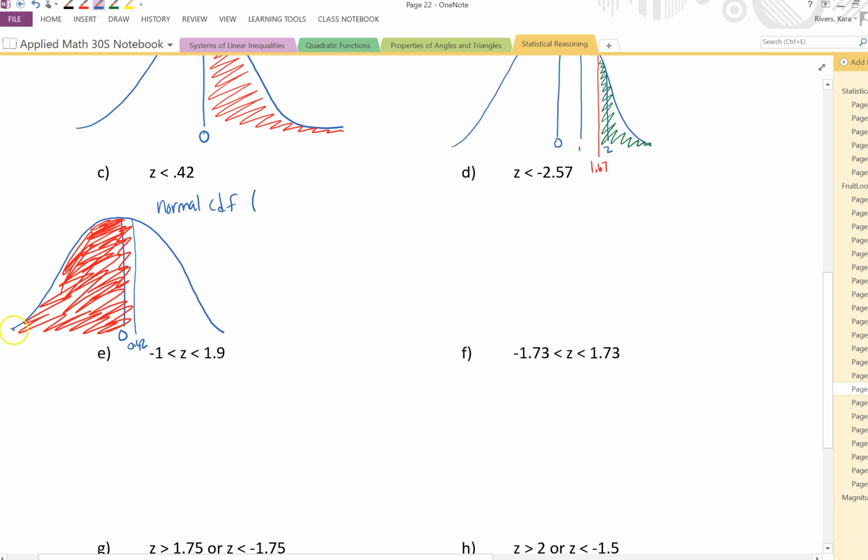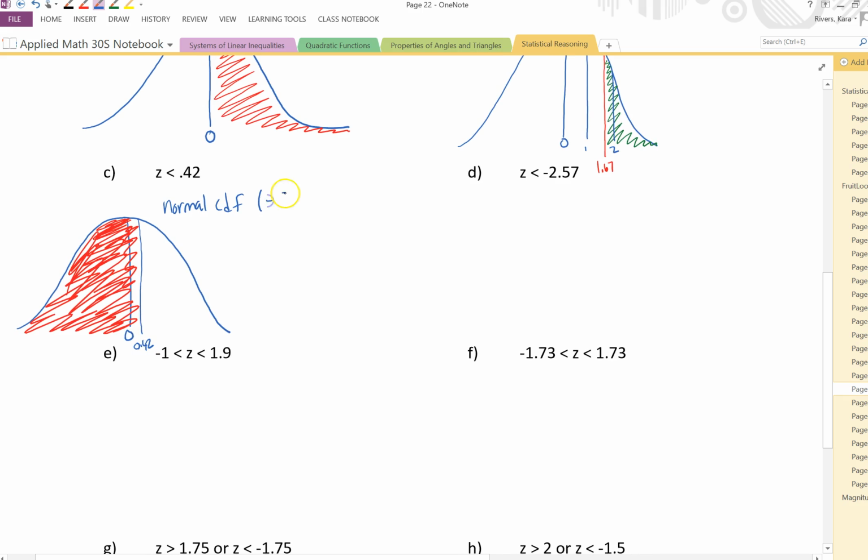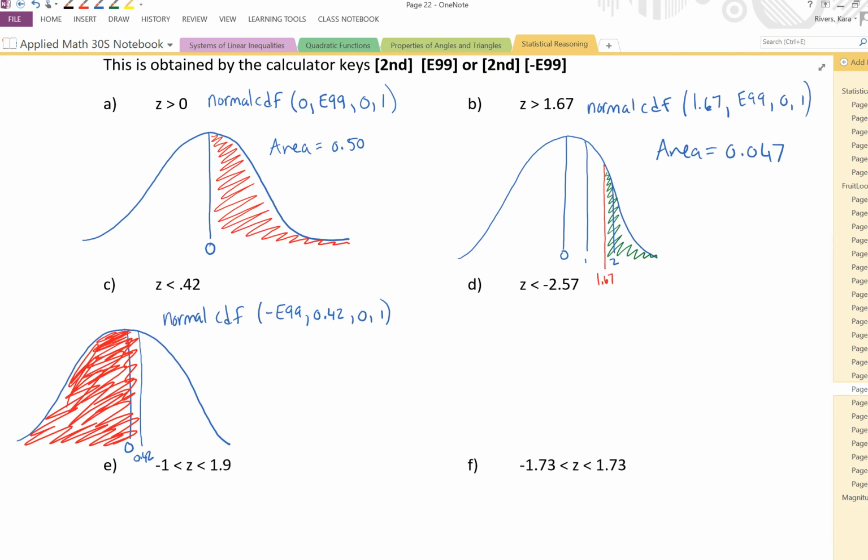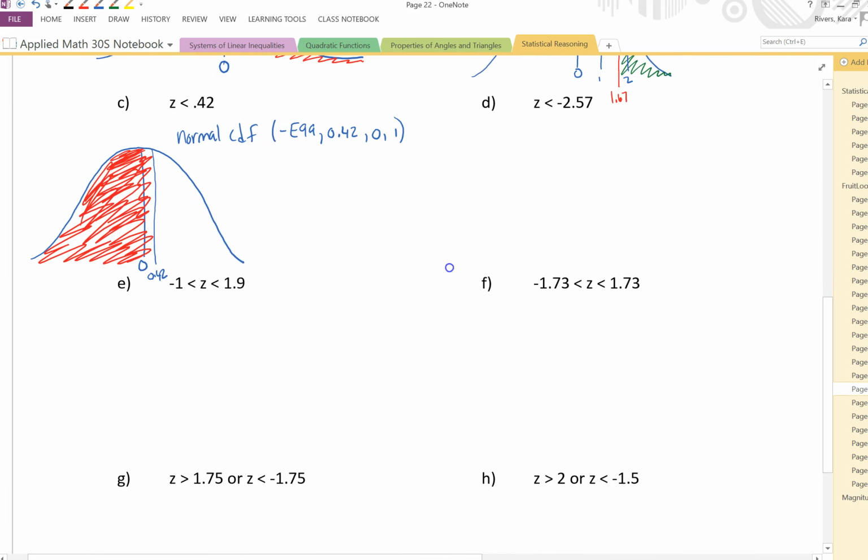Well, I'm going from negative infinity to 0.42. Negative infinity is negative E99 to 0.42, and then 0, 1. The difference between this example and the ones we were doing before is that before, the minimum value was given to us and we were going to infinity, whereas now we're starting at negative infinity and we're going to 0.42.